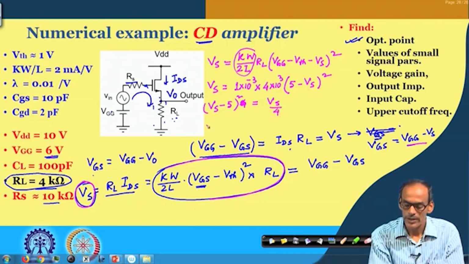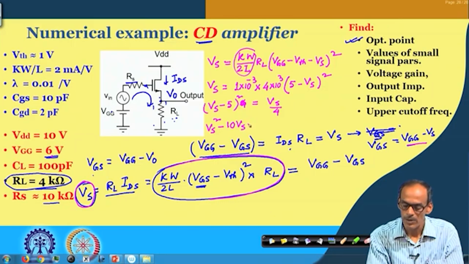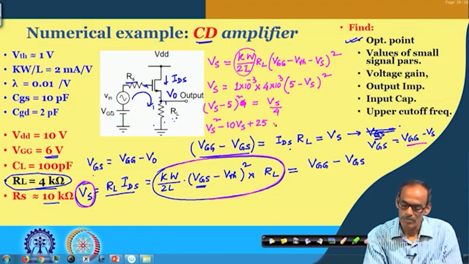So we get V s square minus 10 V s plus 25, then minus V s by 4 equals 0.